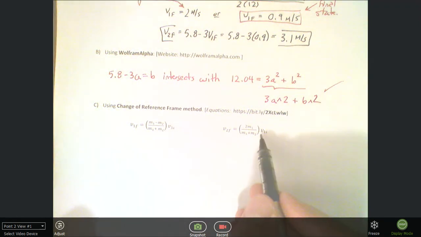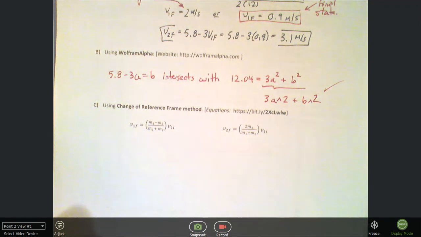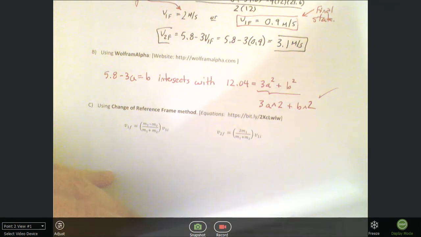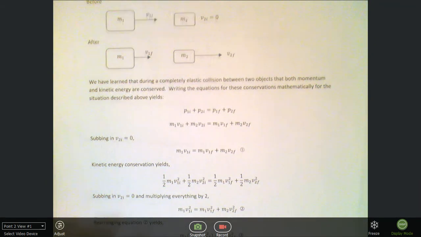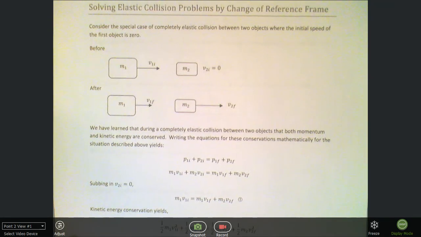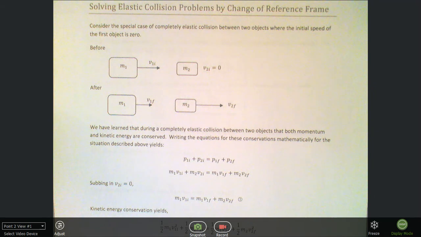Now, this is a big mess. There's these two fancy equations that you see right here, and I explain to you how to use them. If you wanted to go to the back pages here, you can see how solving these equations with the change of reference frame works. It's very straightforward.